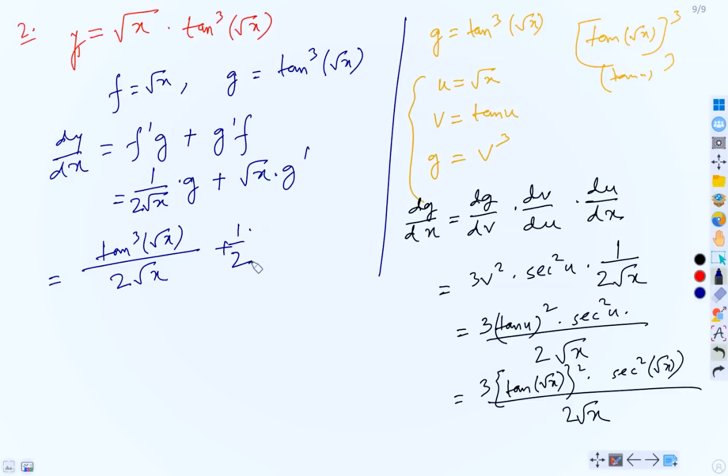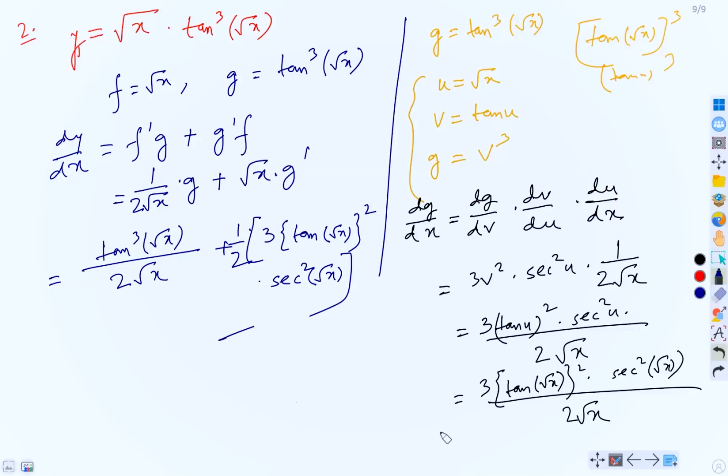This is half times 3 tan root x square times secant square root x. Yes? Yeah. So this is the final answer.